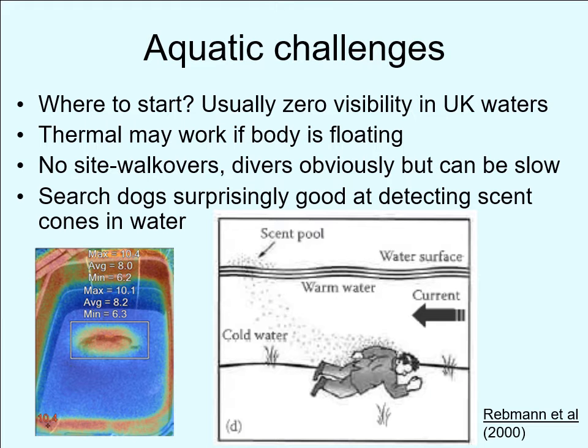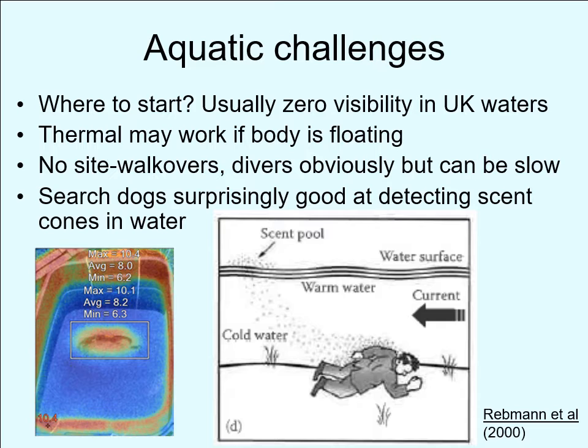And what other methods could you use? Well, thermal imaging might work. We've talked a bit about that in the previous lecture. For example, if they're floating, you might be able to pick them up as a thermal signature, even after death. There's an example on the left with some meat in a tank. You can see it looks relatively hot compared to the background areas. So that's one method.